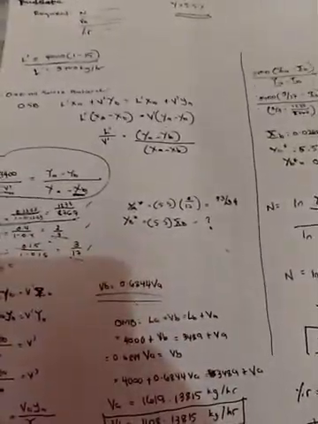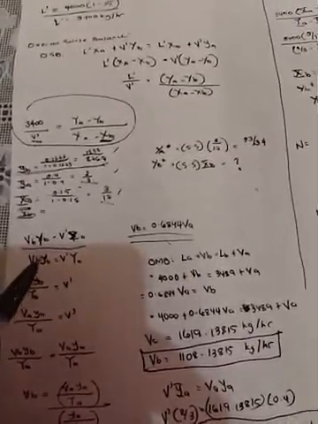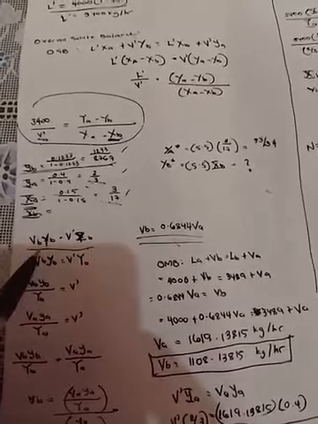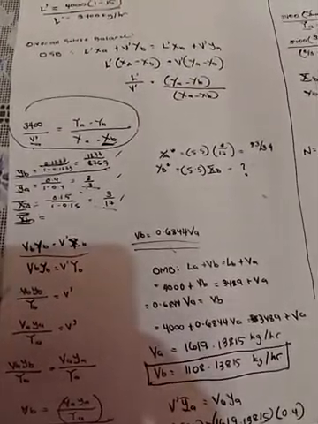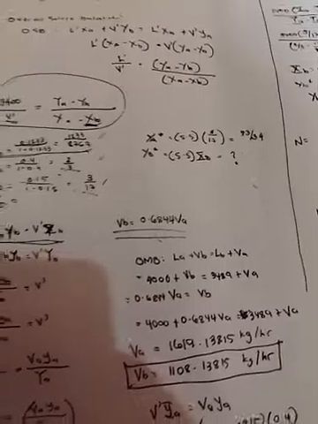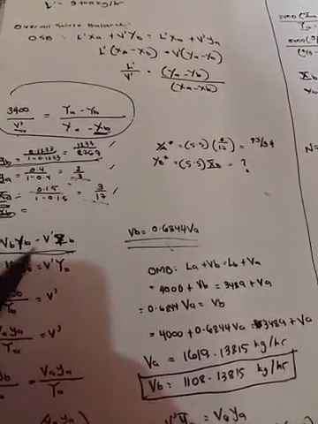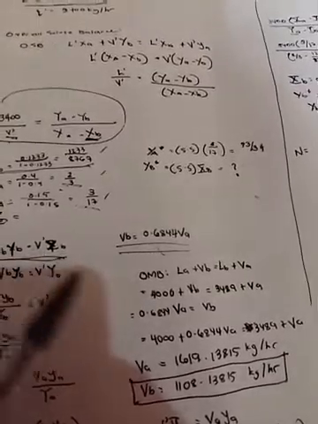So how can we find V prime? We have to find a relation between VB and V prime. The relation here is VB times small yb is equal to V prime times capital YB.